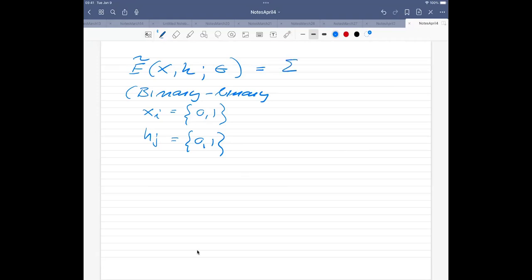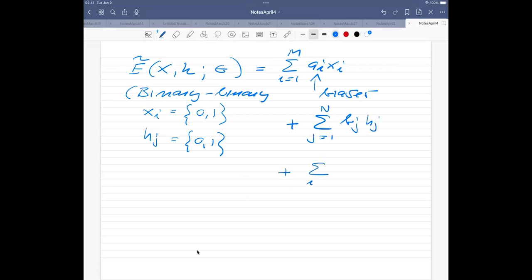So we would have a sum of i equal 1 up to the number of visible nodes. There is a parameter a_i multiplied with x_i. So these are called the biases. We have plus a similar one for the hidden layers. So we would have a parameter b_j times h_j, and then plus a sum over i and j up to M and N. And then I would have my x_i multiplied with w_ij and multiplied with h_j.